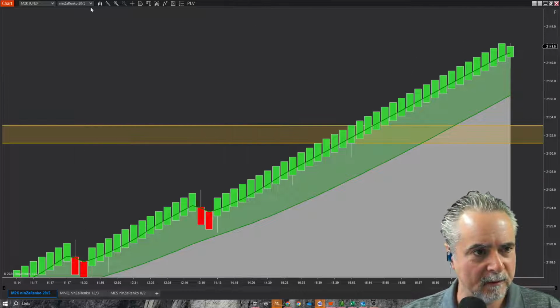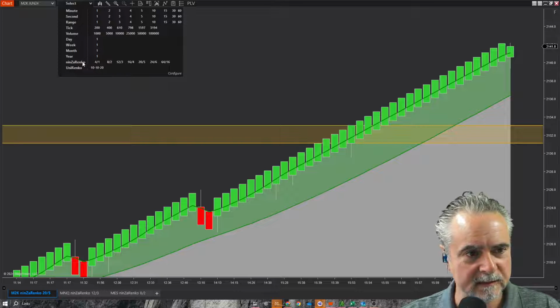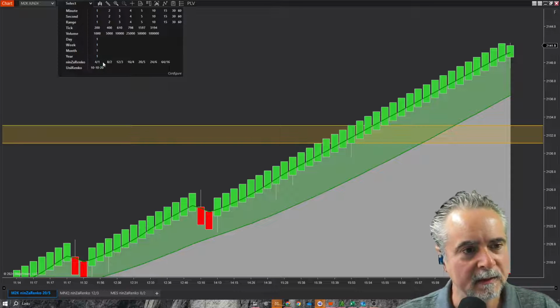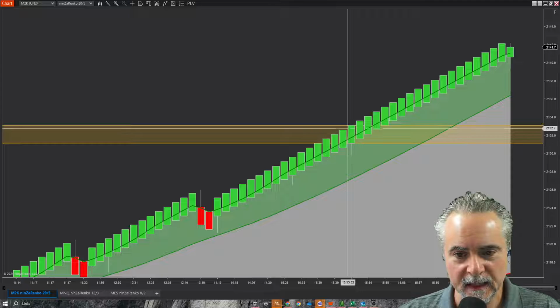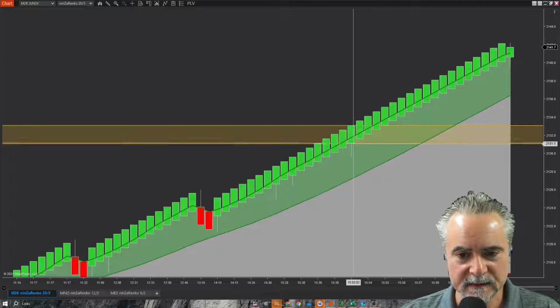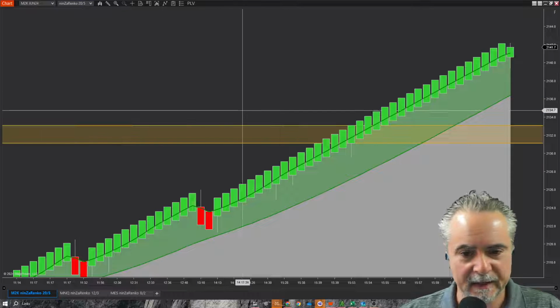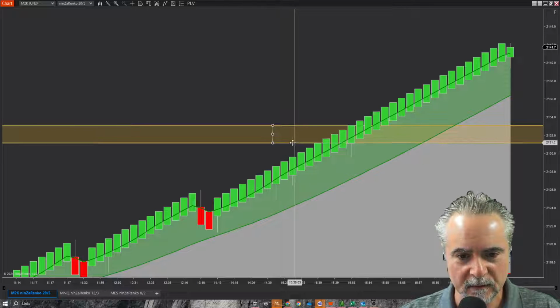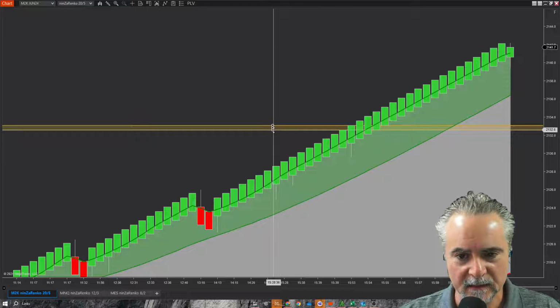So if you look up here on the left hand corner, I've got NinZaRenko set up as one of my quick select for time, and 20/5 is the one that I'm currently on. So the 20 is an indication of how many ticks are in a candle, and then the 5 is how many ticks before the next candle prints.